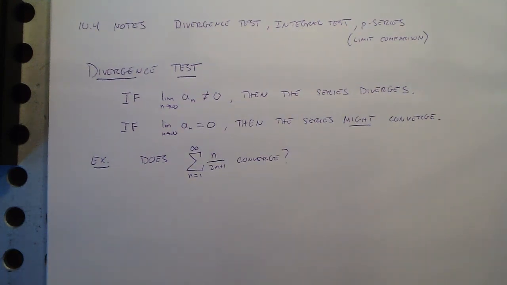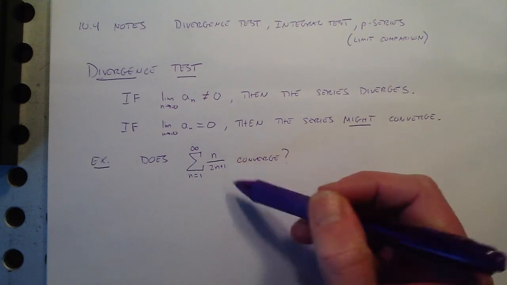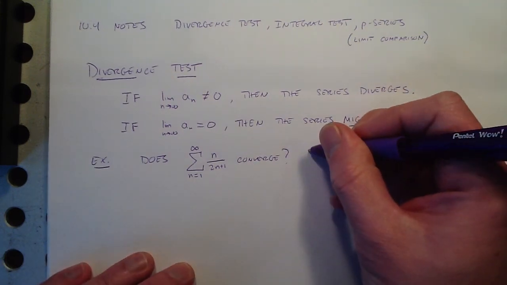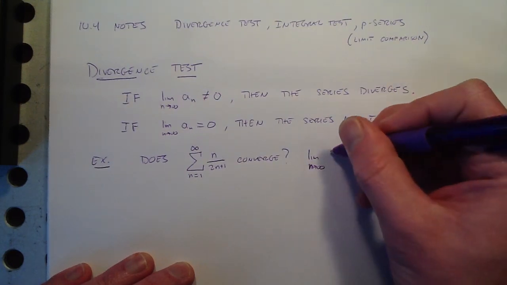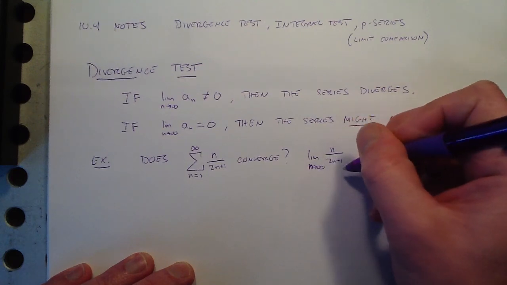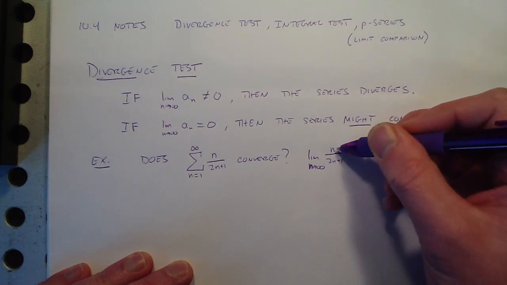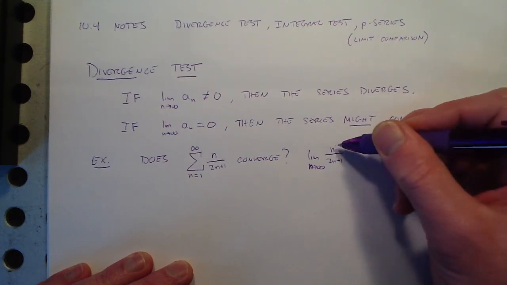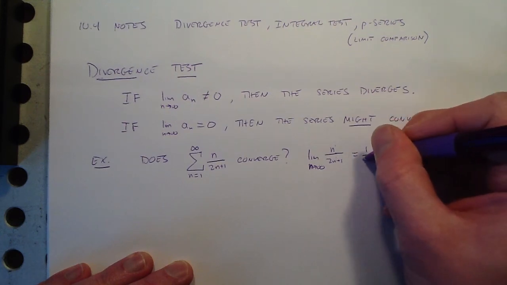If you paused and thought about it, what you should be thinking about is what happens to these terms as n approaches infinity. In other words, what's the limit as n approaches infinity of n over 2n plus 1? That's infinity over infinity. You could use L'Hopital's rule, or you could recognize it as a precalculus limit where the powers are the same on the top and the bottom, so that limit is equal to 1/2.